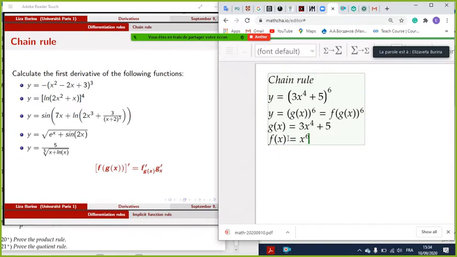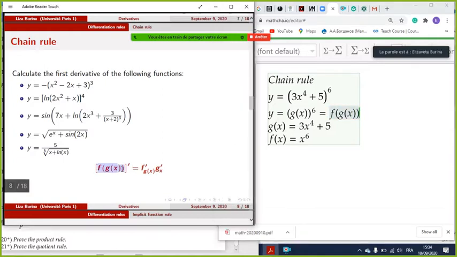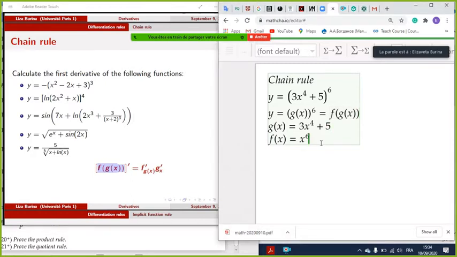And when we put instead of x another function g, that's what we get. Sorry, this is not supposed to be like 6. Okay, perfect. So this is this part on our slides, just for you to understand the formula. Okay, perfect. So we have inner function and outer function.